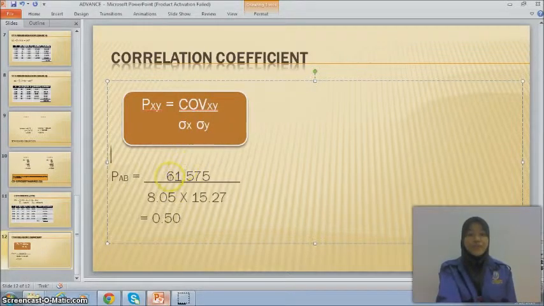Okay, for the answer, 61.575, you may take this answer from the previous calculation of covariance and divide by the standard deviation for share A, 8.05, times the standard deviation for share B, 15.27, and you will get the answer 0.50.